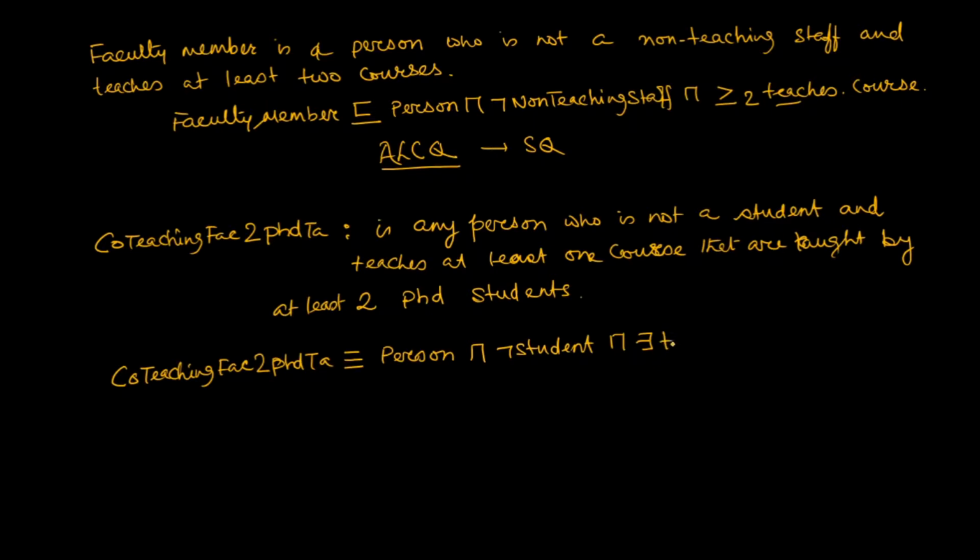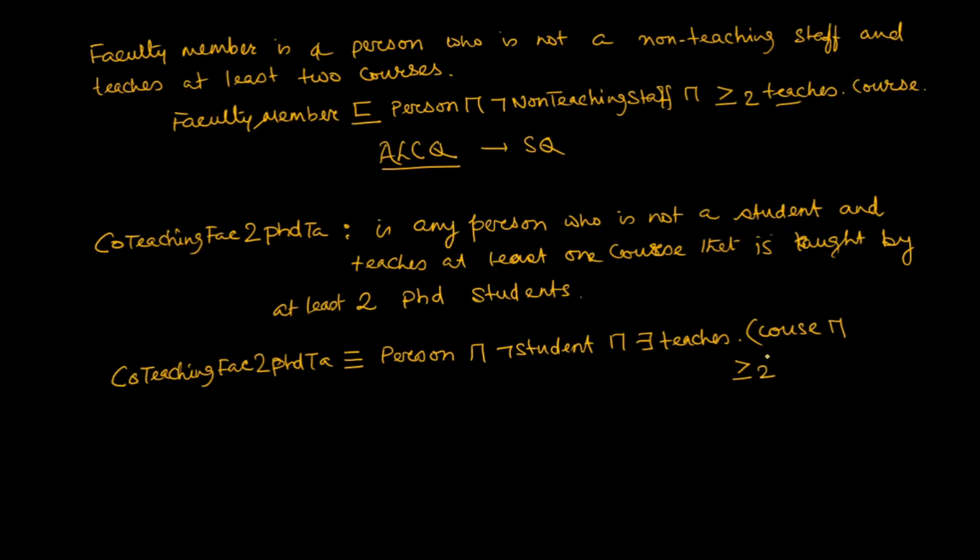Teaches at least one course, and there is another specification for this course, that it is taught by at least 2 PhD students, right? So greater than or equal to, right?